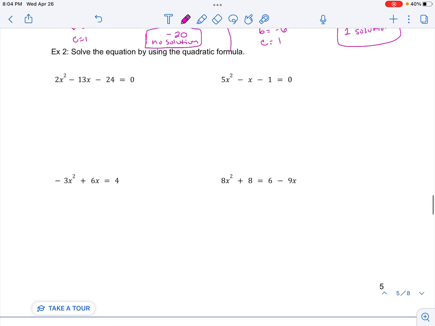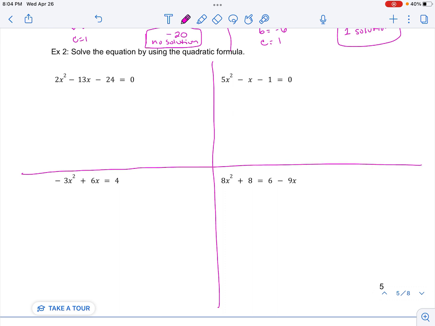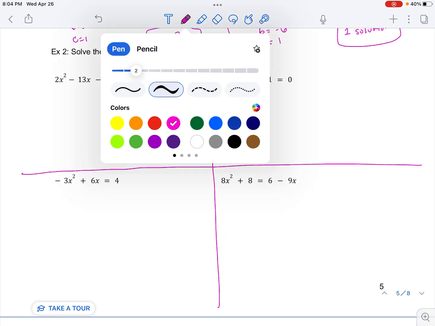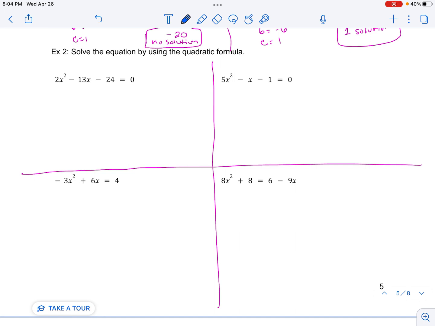All right, so now let's actually use that quadratic formula. I'm going to put this in a nice bright color, just as a reminder of what the quadratic formula is. X equals negative b plus or minus the square root of b squared minus 4ac all over 2a.